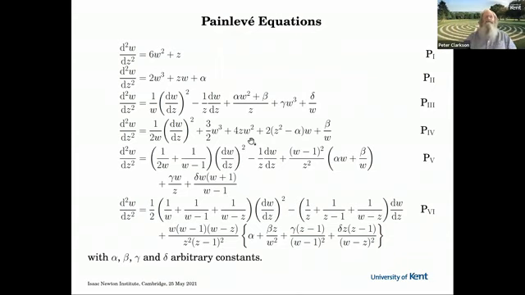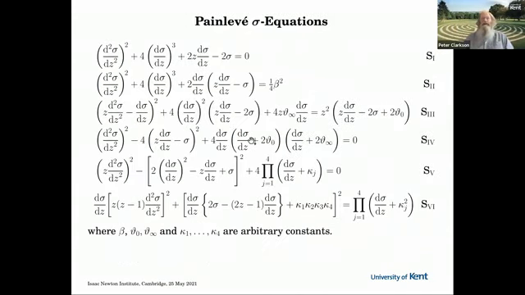Now, related to the 6 Painleve equations are the 6 Painleve sigma equations. These are second order, second degree differential equations. Now, whilst I'm not going to explicitly use them in today's talk, they can be useful in that some of the special polynomials that I'm going to express the rational solutions in terms of do satisfy these sigma equations.